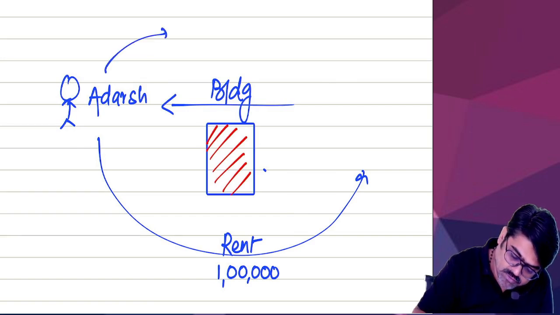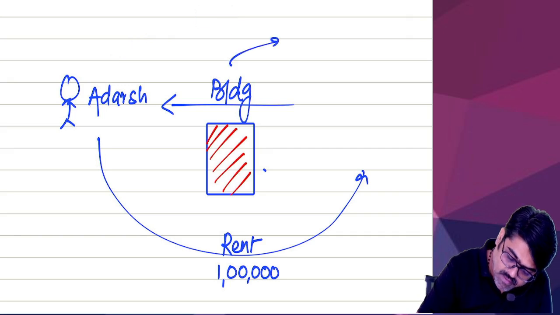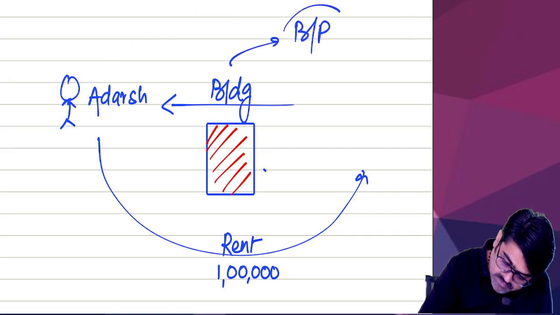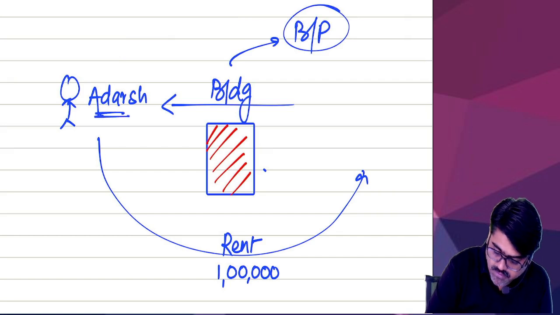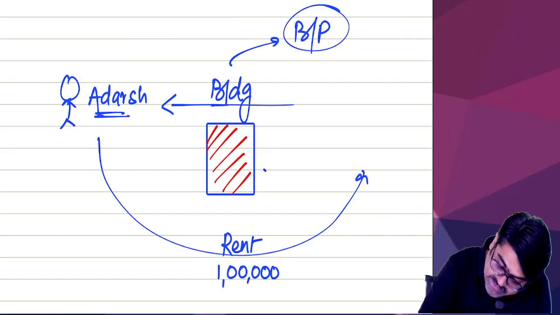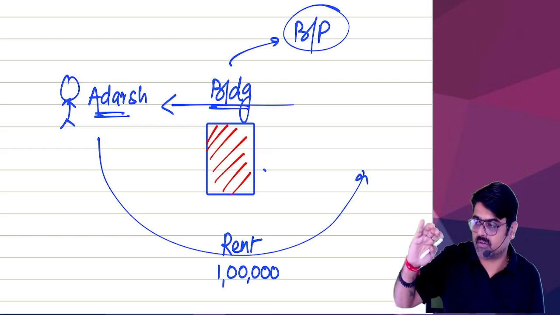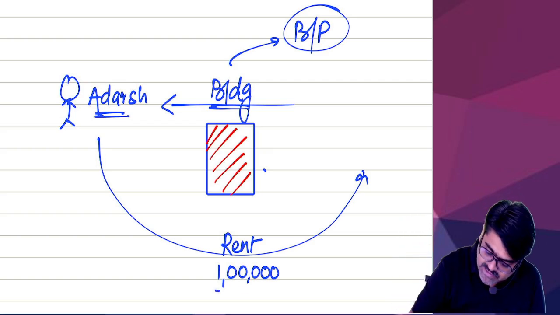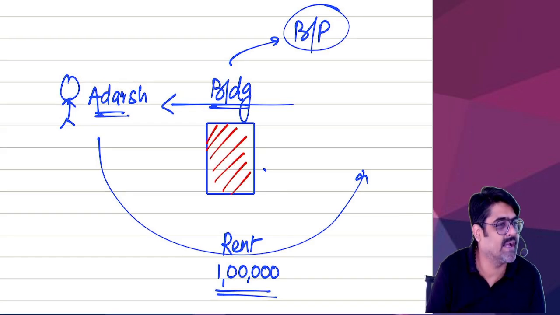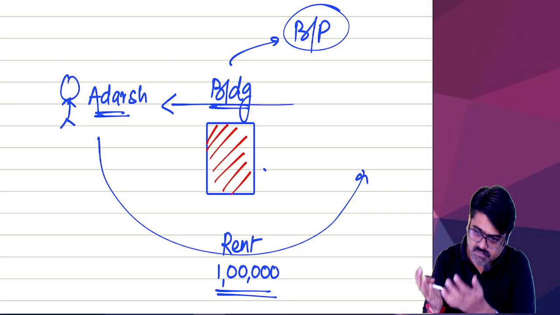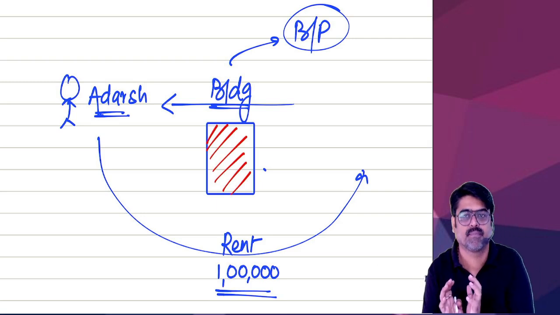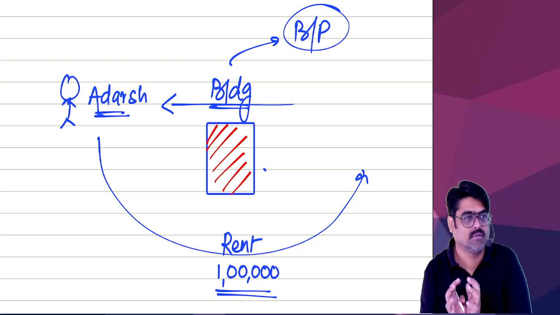Now, if this entire building is used for the purpose of business or profession, then this entire rent Adarsh can take as a deduction. But sometimes it is possible that the building which is taken on rent is huge.